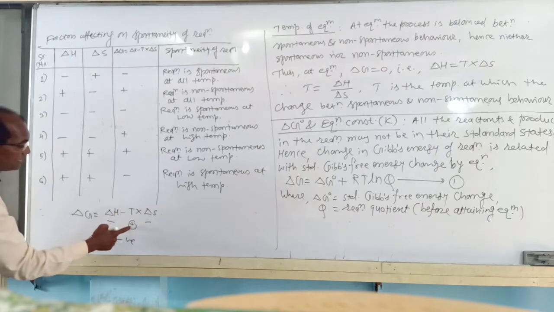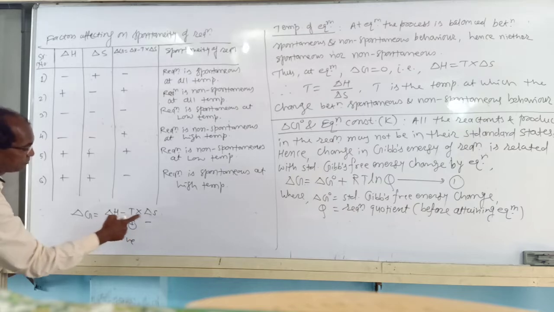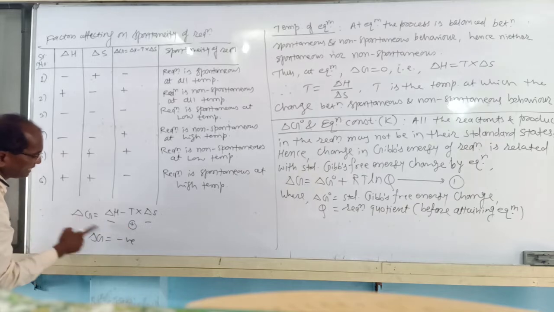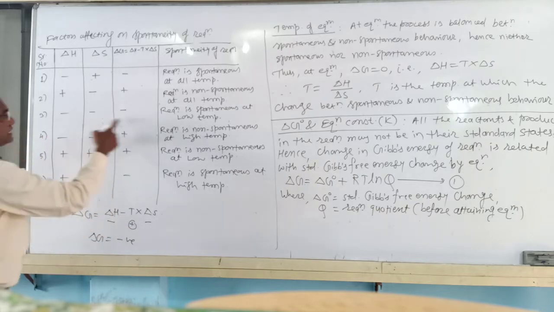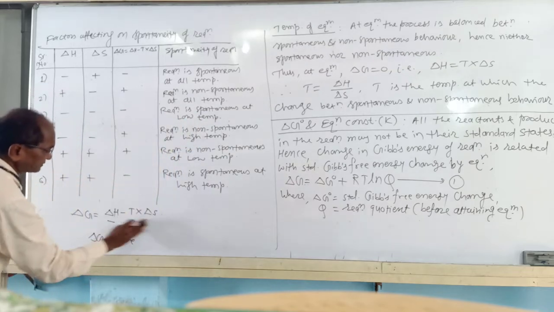When it is lower, the temperature must be low. Here, the temperature must be low, and then this product is lower. And if this product is lower, the value of ΔG is negative. Therefore, the reaction is spontaneous at low temperature.